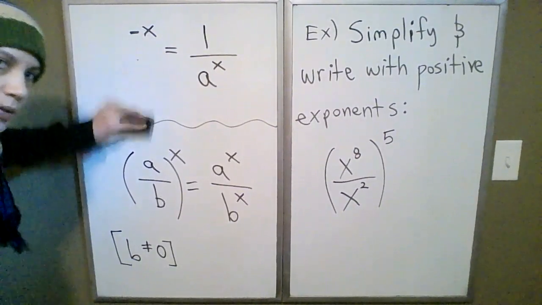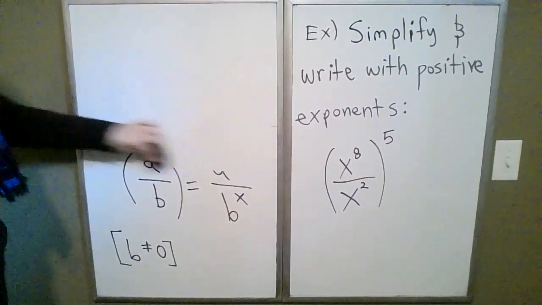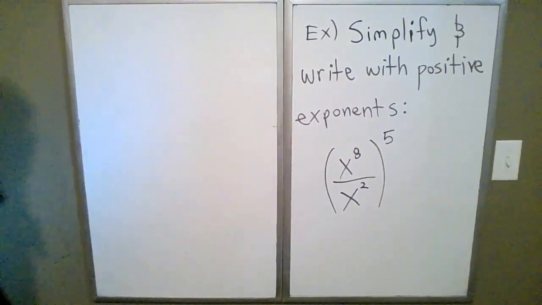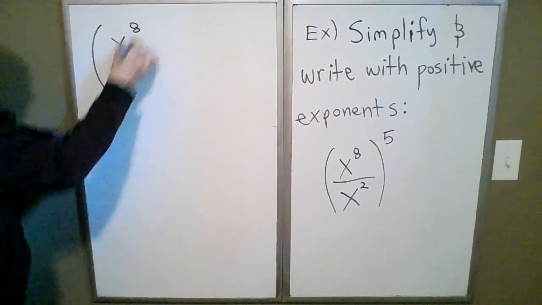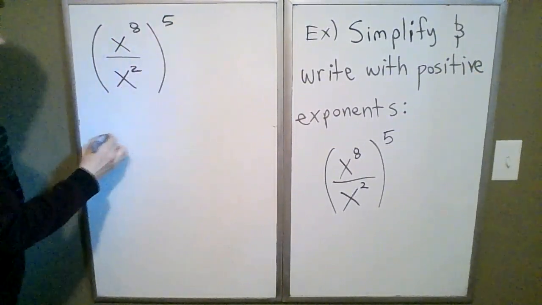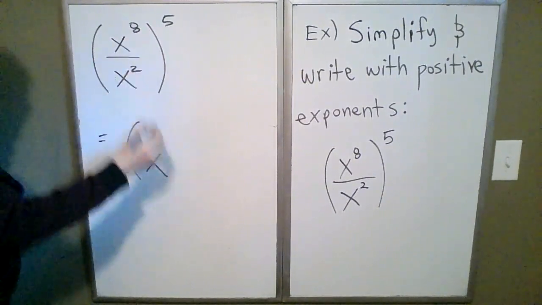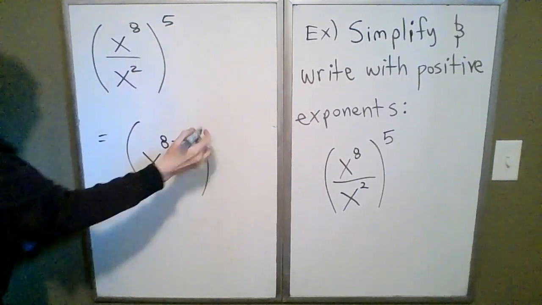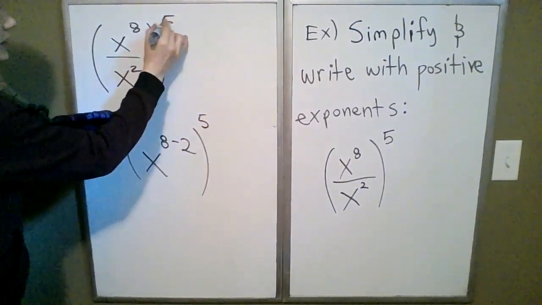So there are different ways to solve the problem, like most math problems, but as long as we follow the correct rules, we'll reach the same answer. So what I did was I stayed inside the parentheses where there's x to the 8th over x squared and used the base x with a power of 8 minus 2. And I still keep that other 5 on as an exponent.